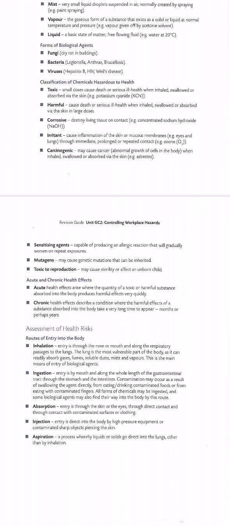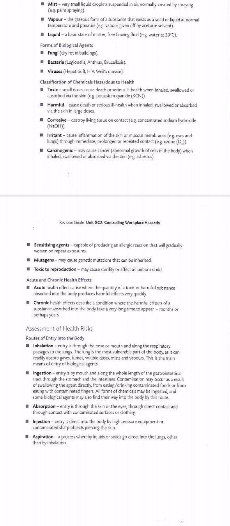When we're talking about acute effects, acute simply means that health effects arise where the quantity of the toxic or harmful substance absorbed into the body produces a harmful effect very quickly. When you are contaminated with a certain substance, it becomes either acute or chronic, but acute is the first stage.